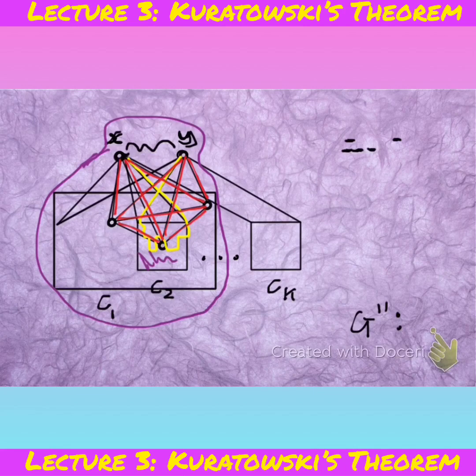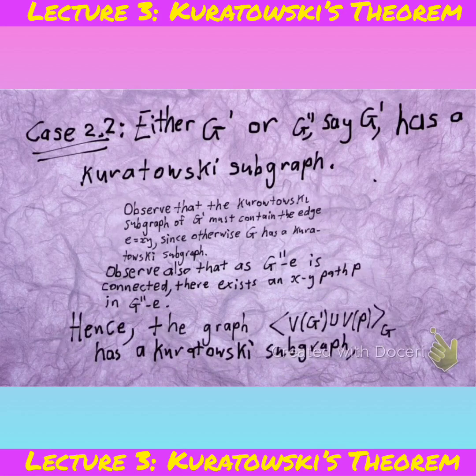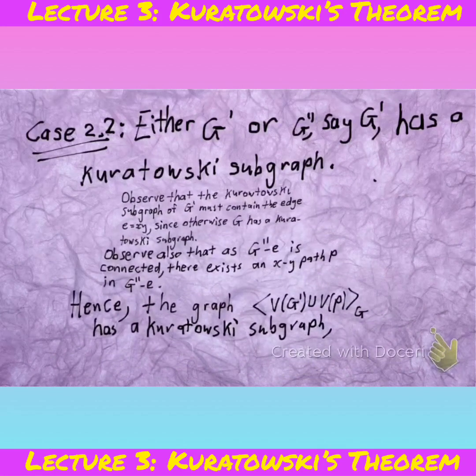In other words, we take that edge that we added initially, the XY edge, we take that edge away. So hence, that graph there has a Kuratowski subgraph. And what can we then say? We can then say that G also has that Kuratowski subgraph, right?